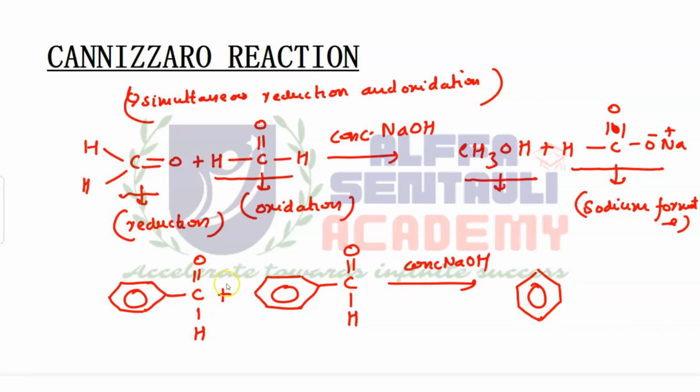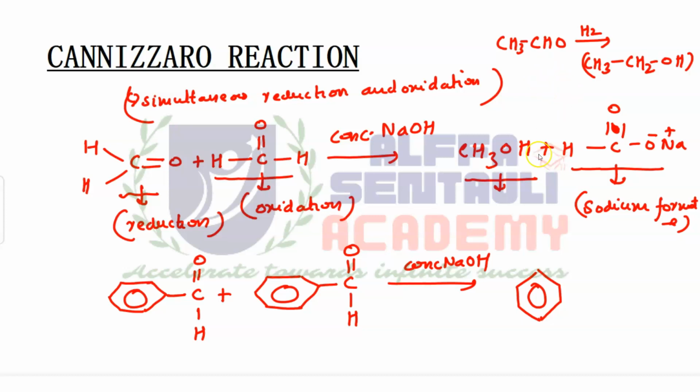Reduction of CHO is what? If you reduce any compound like this, addition of hydrogen is reduction. So what you are getting is alcohol. Reduction of aldehydes gives alcohol. We have already understood this concept in Clemmensen reduction, Wolff-Kishner reduction, and normal reduction reactions, in which we use lithium aluminum hydride, sodium borohydride, reducing reagents like this.